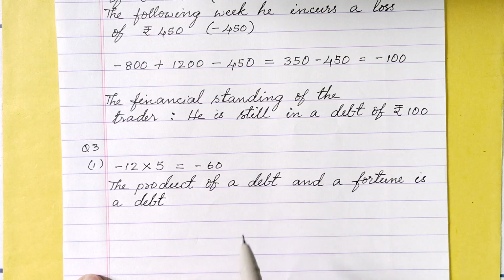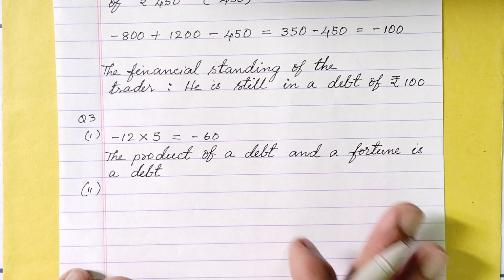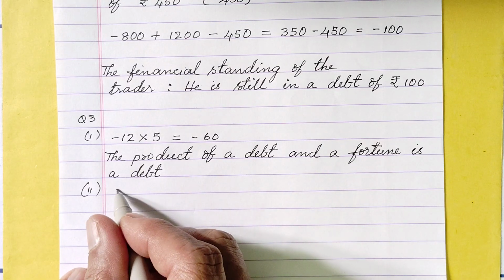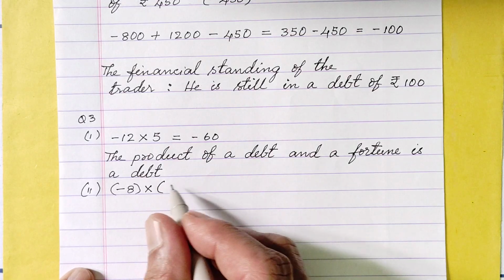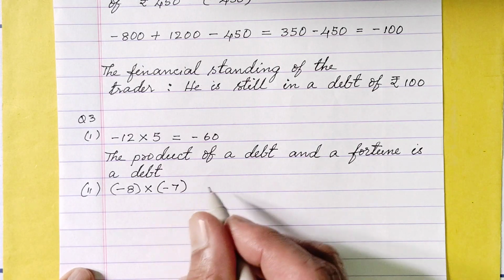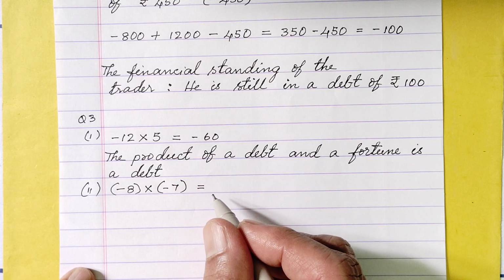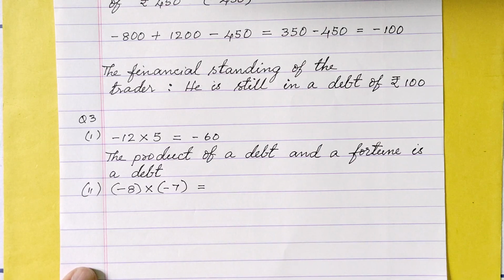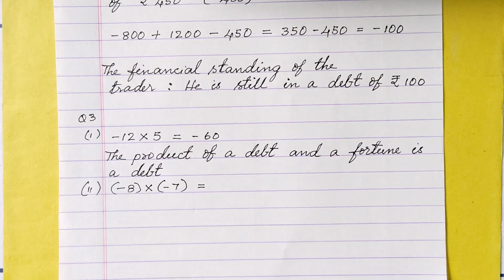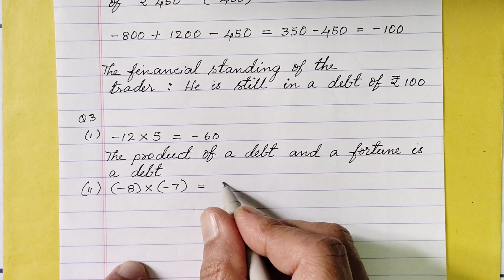So it is minus 60. Second one, minus 8 into minus 7. That's equal to, so you will get plus 56.